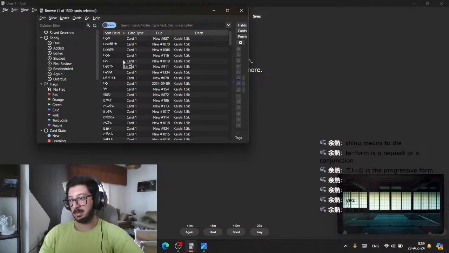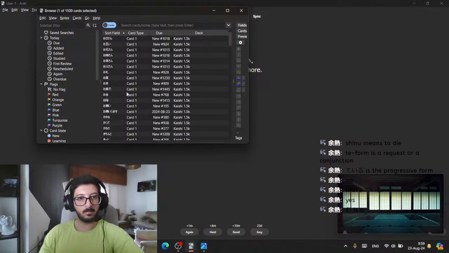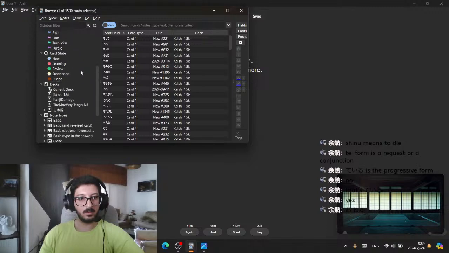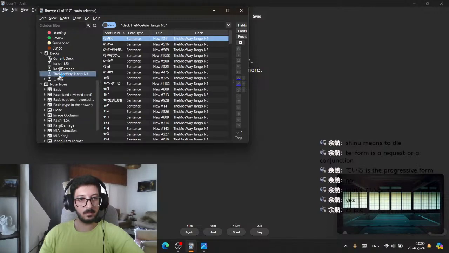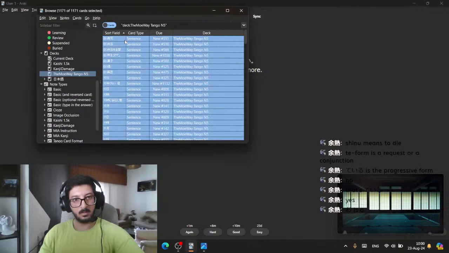Select Tango N5. This is the Kaishi. Tango where? There it is. Tango N5. Okay. Ctrl+A to select all the cards. Okay, and click.